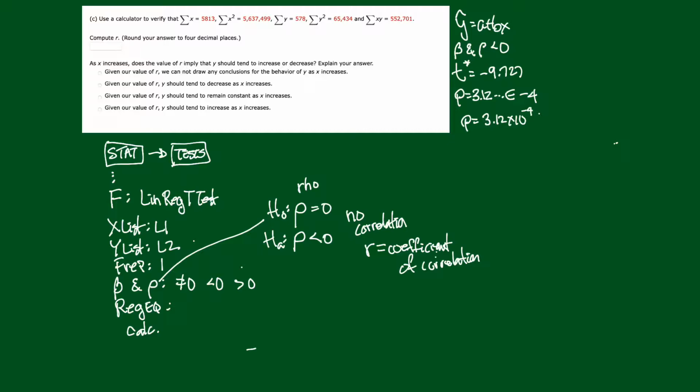Scientific notation just moves decimal points around. So how do we get that decimal point there? We moved it 4 places. The negative says to the right. So to get it here, we went 4 to the right. So to get it out, go 4 to the left. So I'll go 1. I need 3 zeros. So the P value here is 0.0003. Okay?